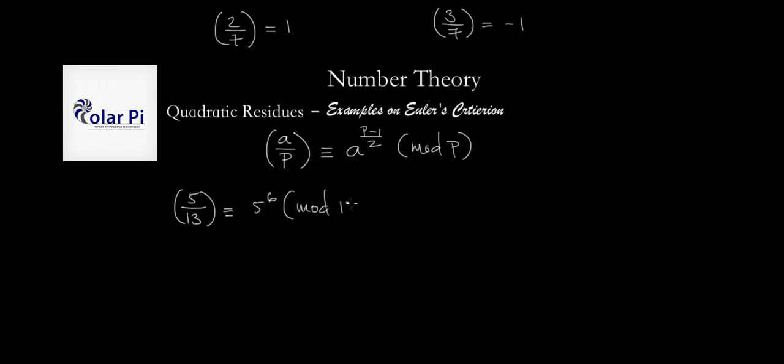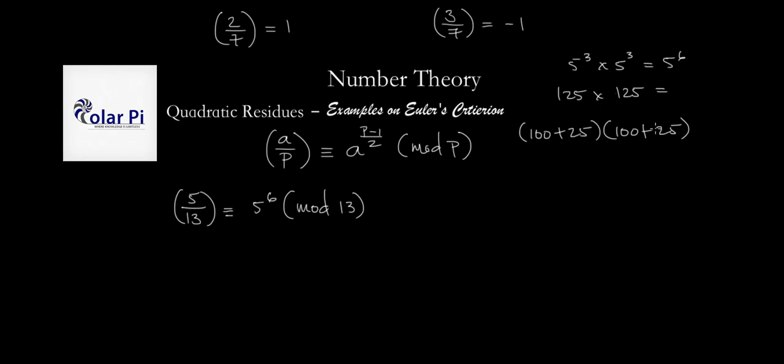5 to the 6 is the same as 5 to the third times 5 to the third. And 5 to the third is 125, so we have 125 times 125. That's the task at hand. Like we did earlier, 100 plus 25, and do it out this way. 100 times 100 is 10,000, 4 zeros.